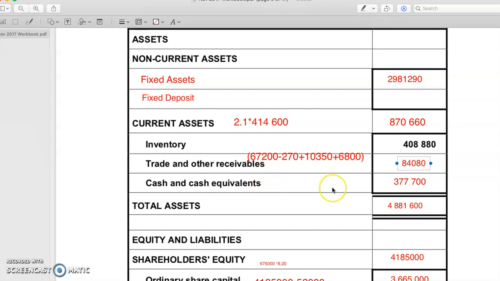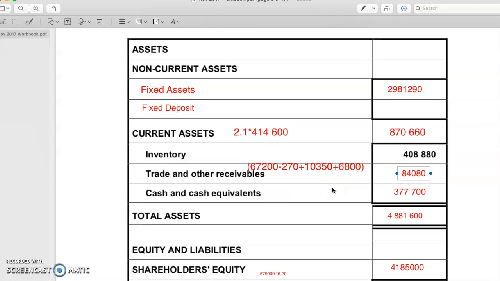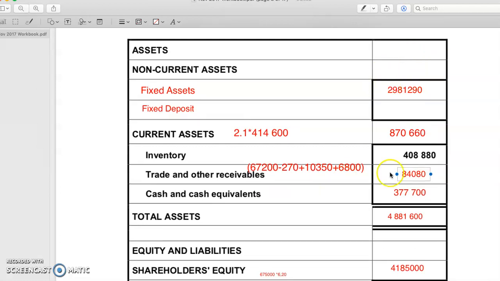Okay, and now we only have our non-current assets left. And because we have this total, so we have total assets. Here we have total assets, and we can say total assets minus current assets has to give us non-current assets.